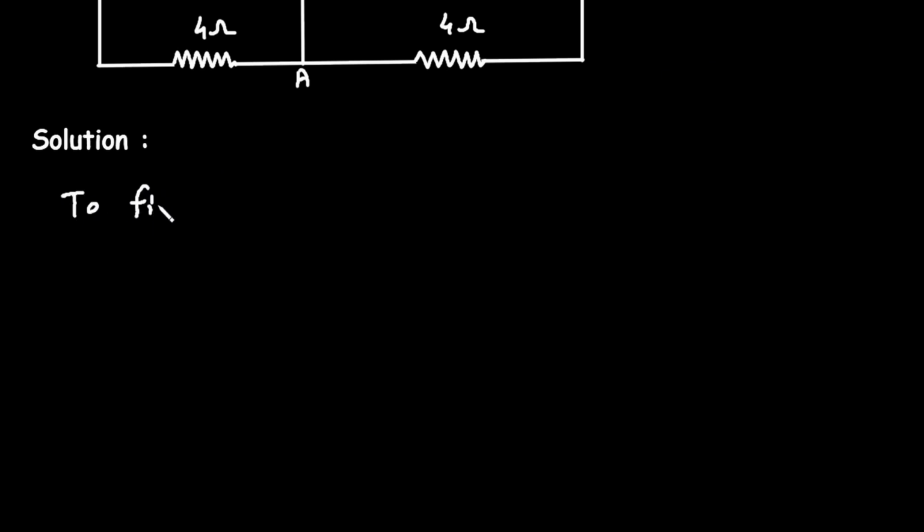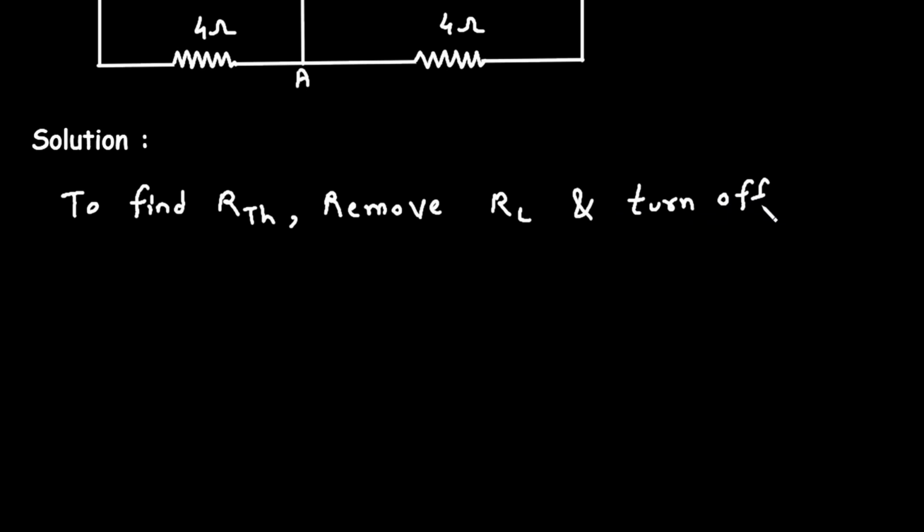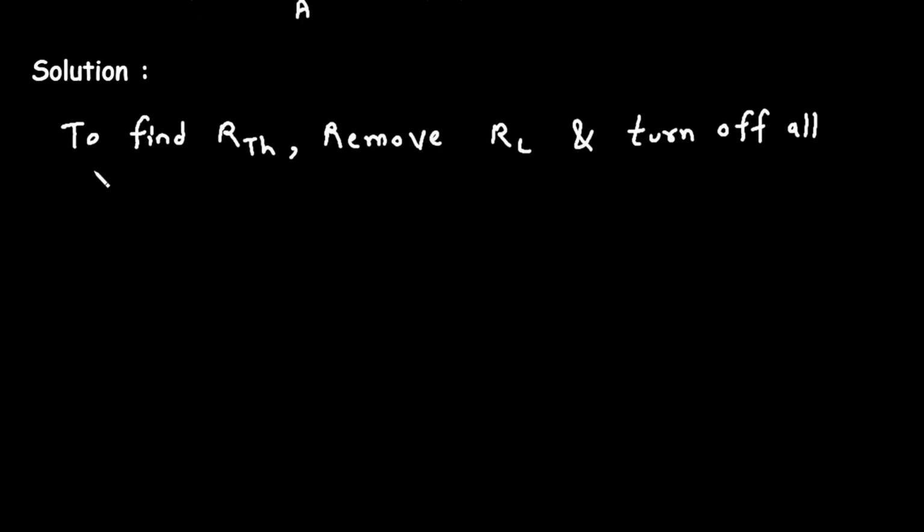So to find RTH, remove RL and turn off all independent sources.